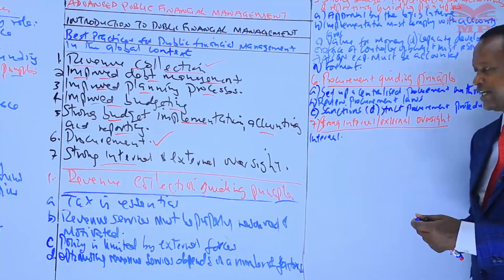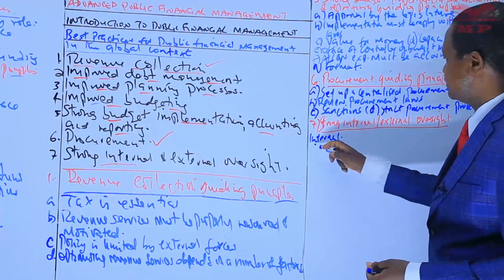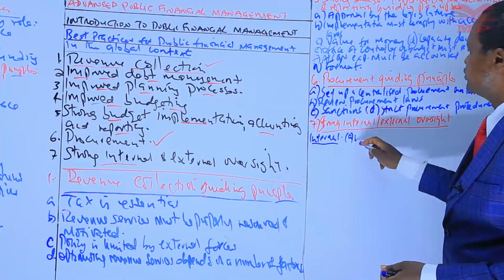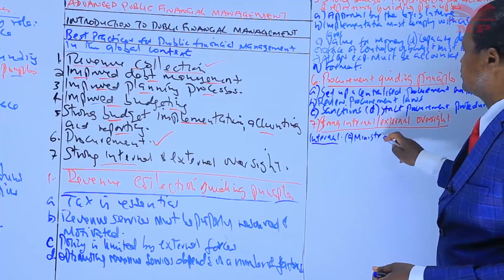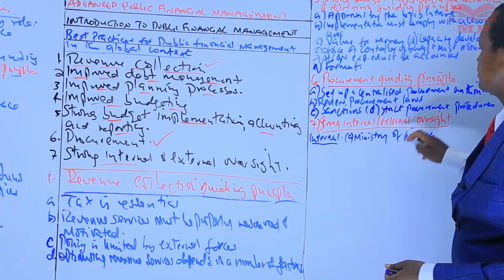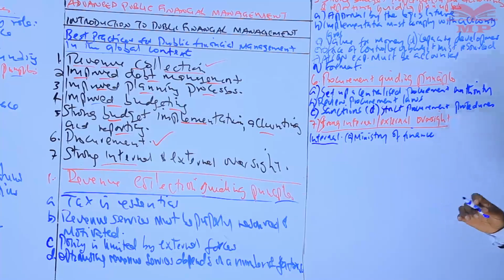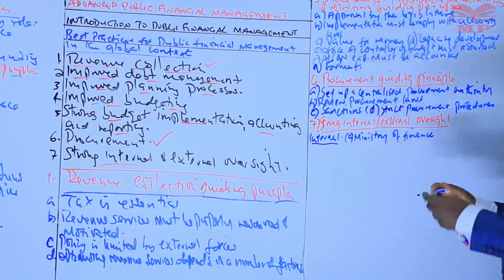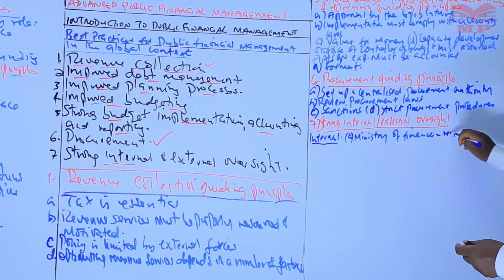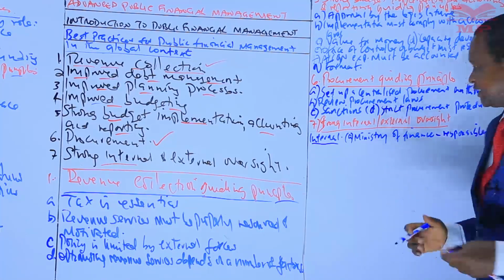So the first guiding principle here is that the Ministry of Finance should be given oversight responsibility. It is the ministry that is responsible for internal oversight.